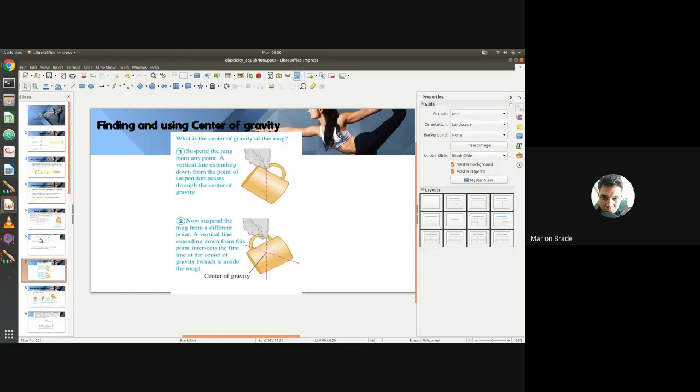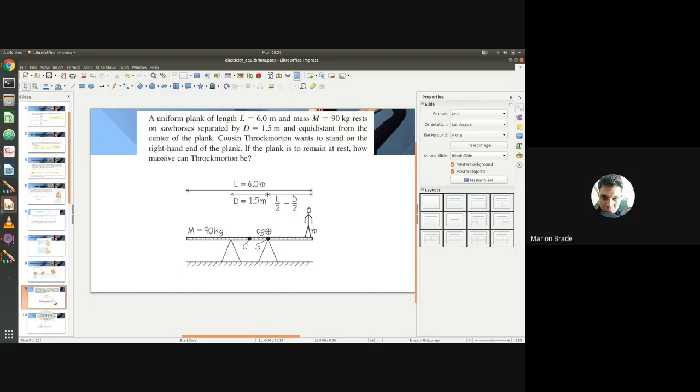Okay, so guys, kung mag-suspend ka, example, imong gi-suspend, kung imo nang i-extend ang line sa imong gi-support, somewhere naa dira sa line ang imong gitawag nga center of gravity. Kung duha ka buok nga gi-support, ang intersection mao ang center of gravity. So okay, let's have an example.